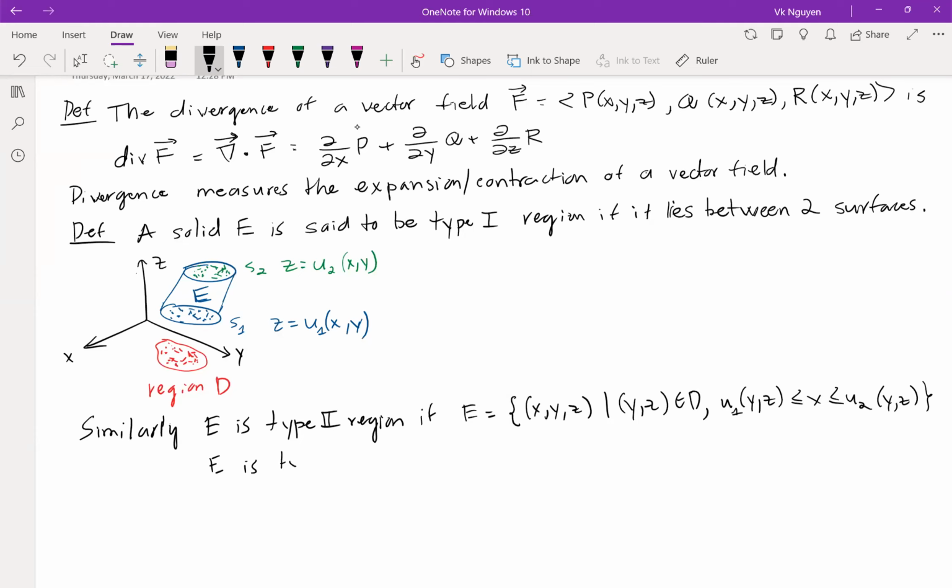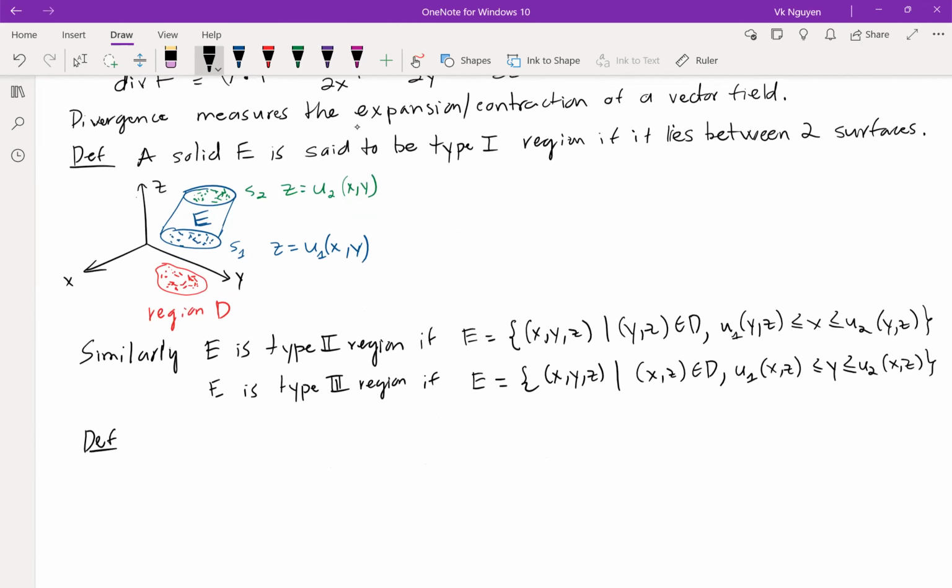E is a type 3 region if E is the set of (x, y, z) such that (x, z) is inside D, and u1(x, z) is less than or equal to y, less than or equal to u2(x, z).